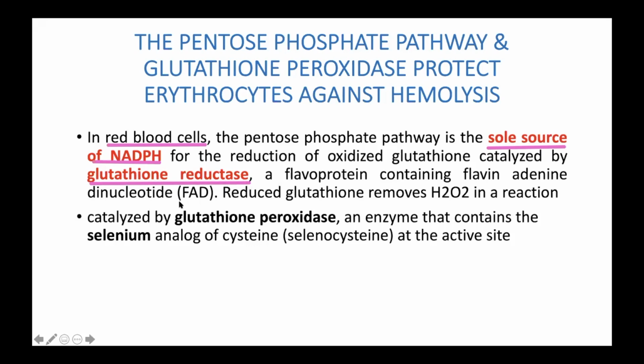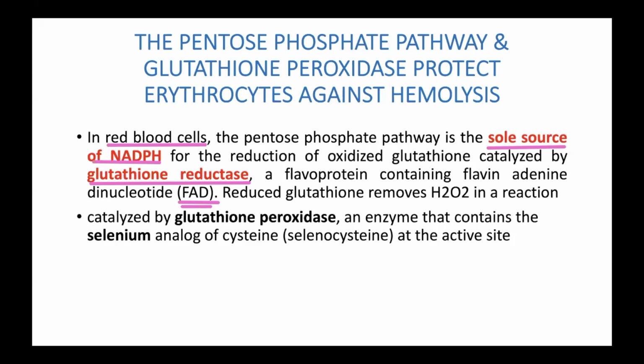This glutathione reductase contains FAD. Now, question: what vitamin is required for the synthesis of FAD? Very good, it's riboflavin, which is vitamin B2. Now, what catalyzes the removal of hydrogen peroxide? This is the glutathione peroxidase, which contains selenium.